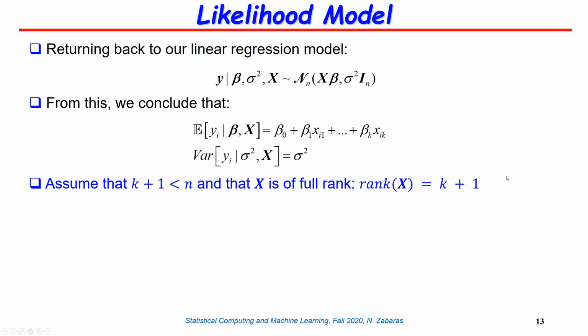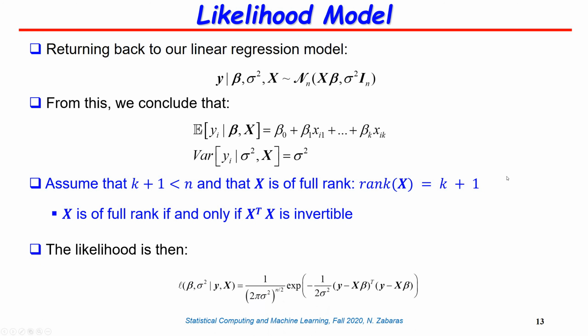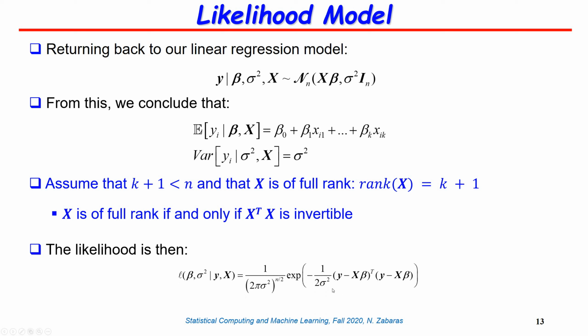I gave you various expressions for the likelihood model that we are going to use today, but all of those expressions are derived from this Gaussian model that we have seen throughout this course.